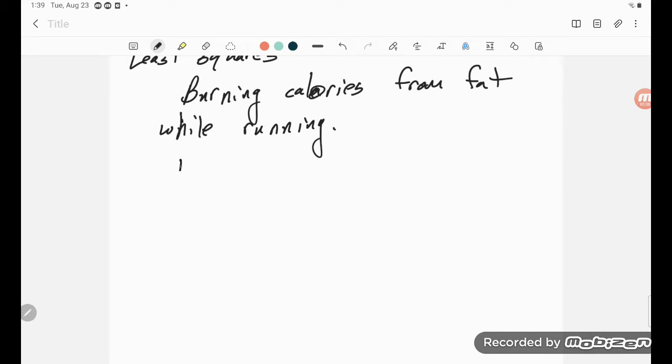So, what I was able to do in terms of data was I could find, in general for any given fitness level, running rate as a function of time.